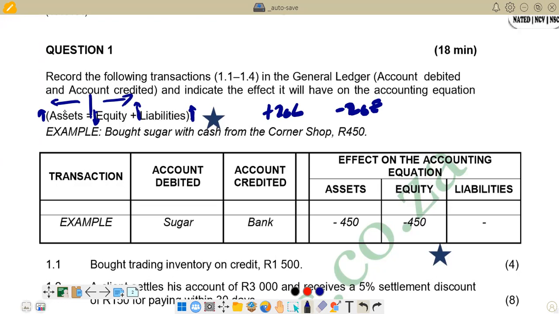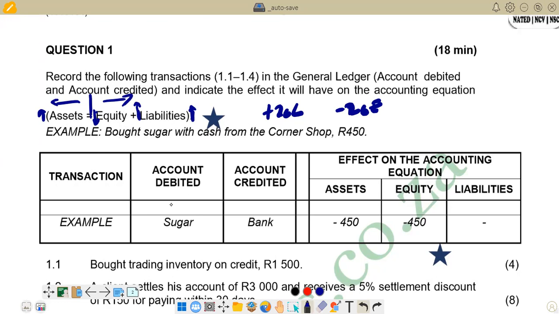But if it's affecting elements that are on different sides, we are going to see an increase and also an increase. If it's a decrease, we see also a decrease. But if it's affecting equity and liabilities, they are on the same side, so we should have an increase followed by a decrease. So that's the scenario that we have.